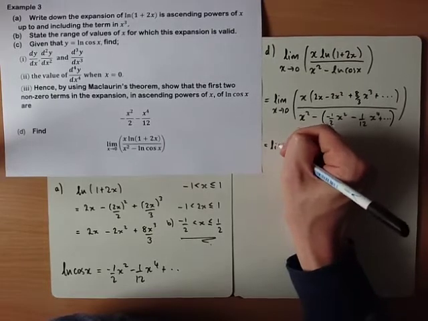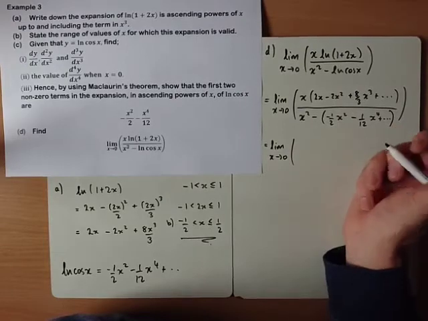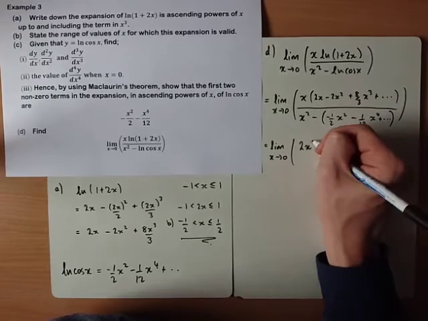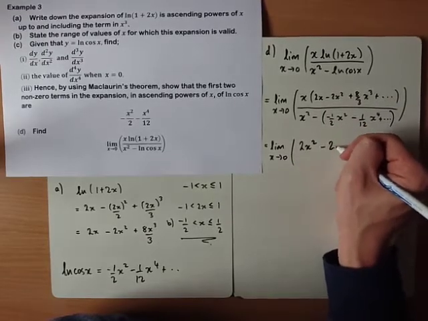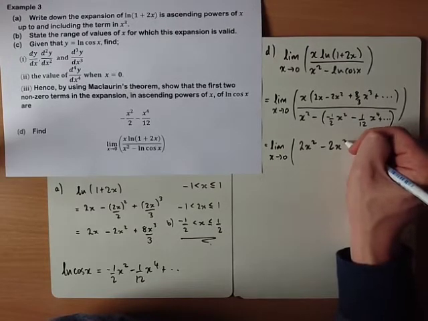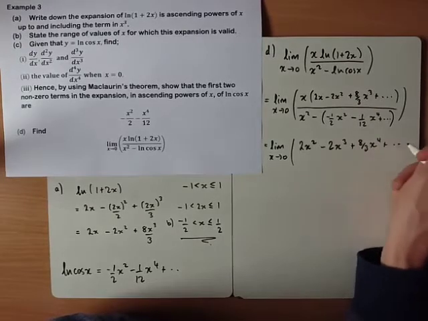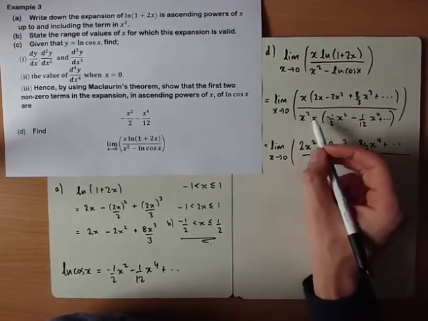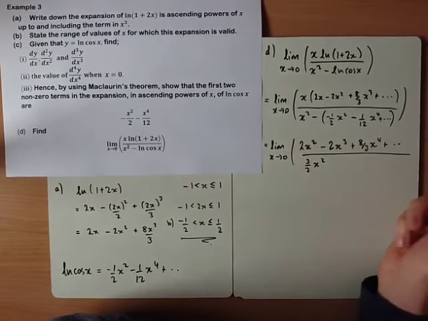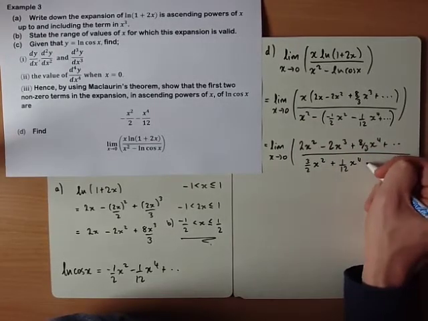And then we've got the limit as x tends to 0 of 2x squared minus 2x cubed plus 8 over 3 x to the 4, over x squared minus minus, so plus a half x squared, would be 3 over 2 x squared plus 1 over 12 x to the 4.